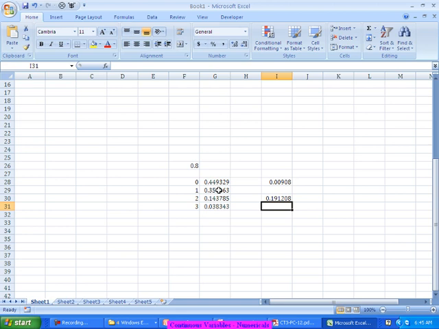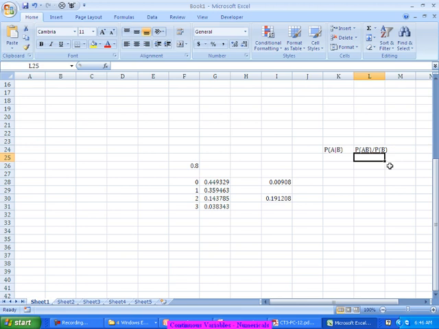When information is given, see, even from the formula, what did we say? P of A given B is nothing but P of A intersection B by P of B. A intersection B, what is it? Greater than or equal to 4 and greater than or equal to 2.